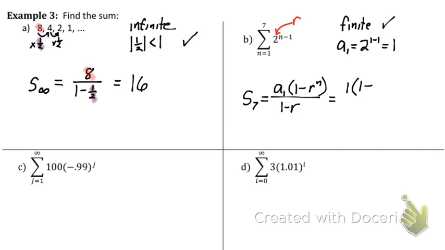So that's going to be 2 to my n, which I said was 7, because we go from 1 to 7. That's how many term numbers we have. And we're going to put that over 1 minus r, which is 1 minus 2. And this whole thing's going to come out to 127.